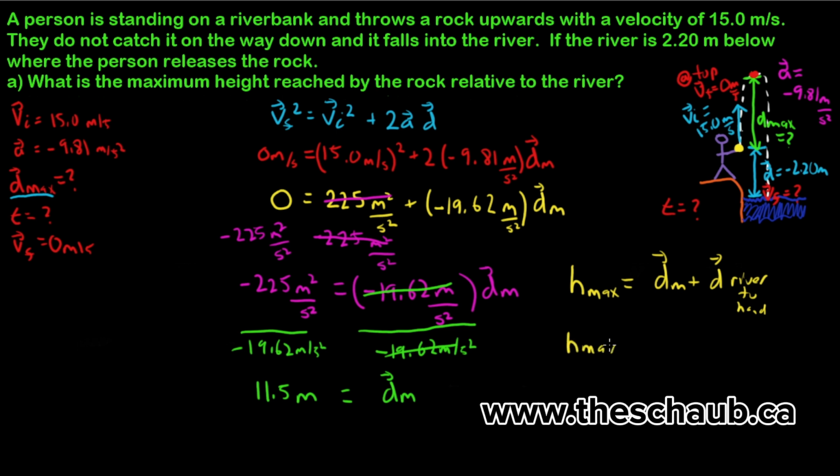We have h max, so our max height is equal to our d max, which we found here, 11.5 meters, plus our displacement from the river to the hand, which is 2.2 meters, giving us a height max equal to 13.7 meters.